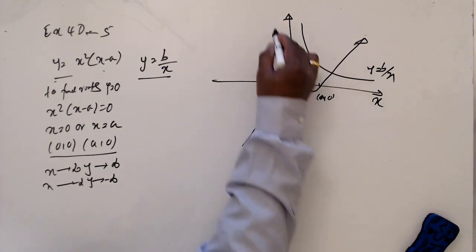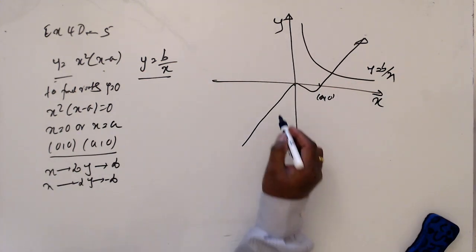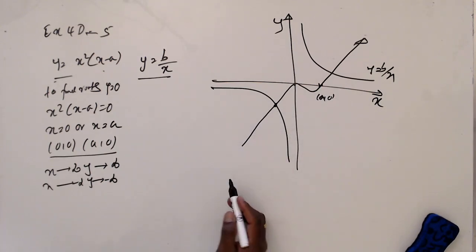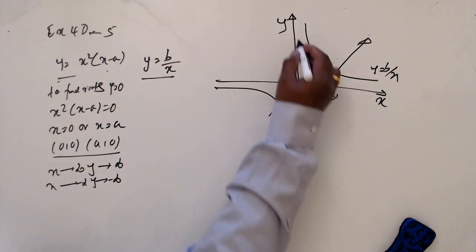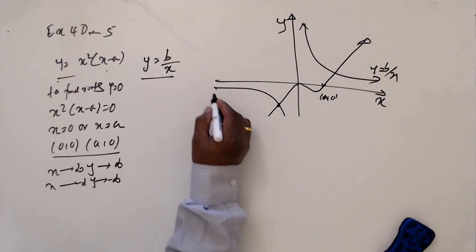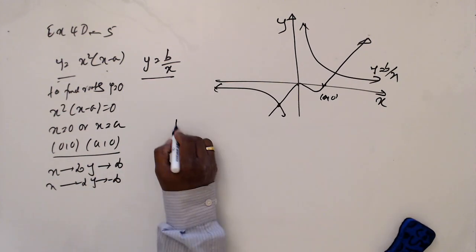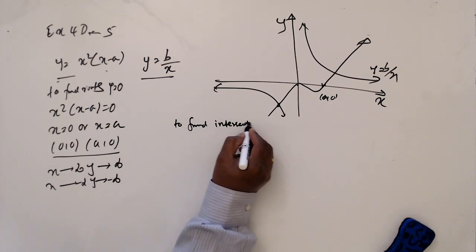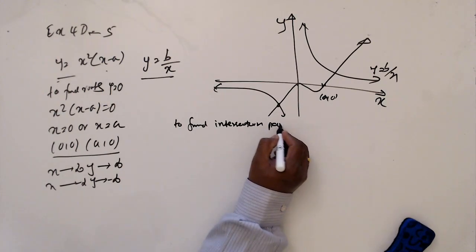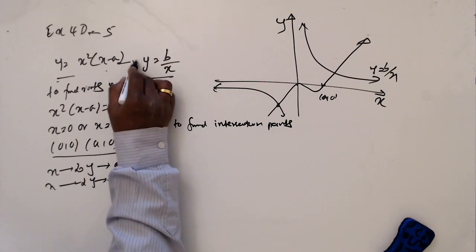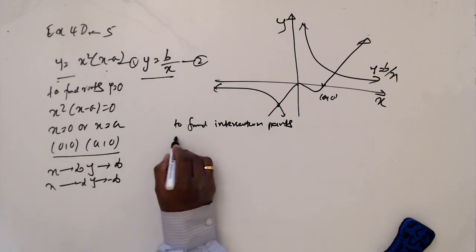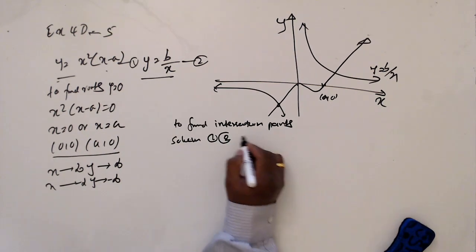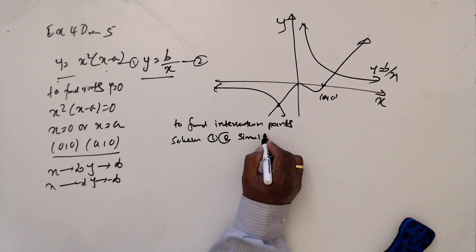This is x and this is y. And on the other side here, I can see the two intersection points. To find the intersection points, we have to solve those two simultaneously. Solve 1 and 2 simultaneously.